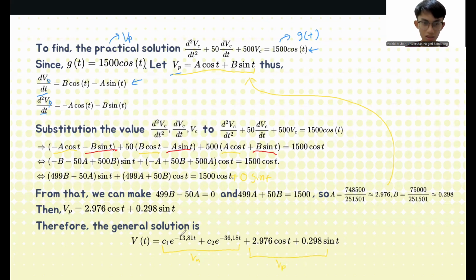So the general solution is C1 e to the power of negative 13.81t plus C2 e to the power of negative 36.18t plus 2.976 cos t plus 0.298 sin t. So we can find the voltage based on time using this equation.